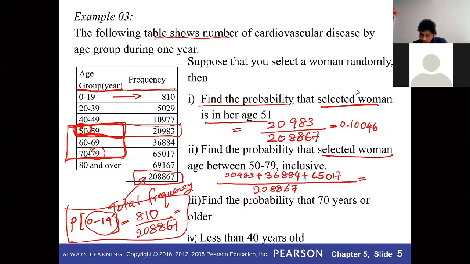So if you use your calculator, first you have to calculate this, then divide by this value. So this value is going to be 0.5883. So the probability that the selected woman is aged between 50 to 79 is 0.5883.